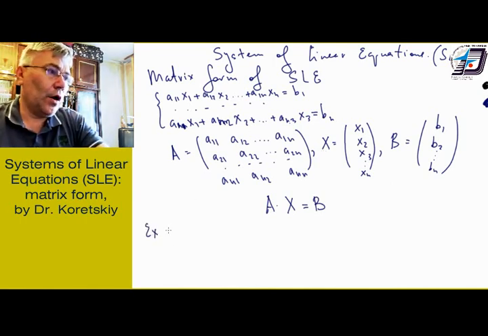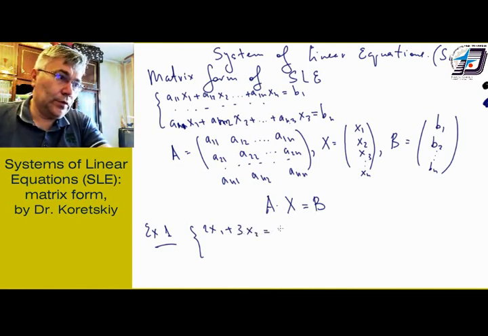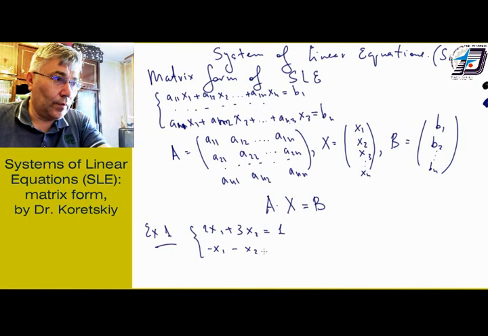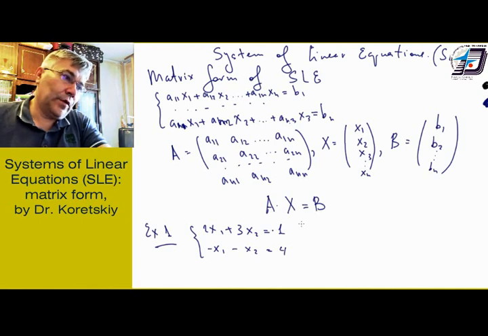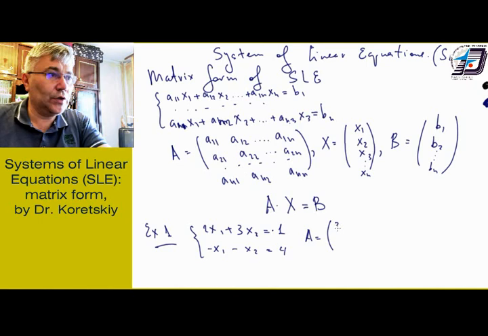Let's make an example. How does it work? Example 1. We have a system of two equations: 2x1 plus 3x2 equal 1, minus x1 minus x2 equal 4. For matrix A, I gather all elements according to this notation: 2, 3, minus 1, minus 1.